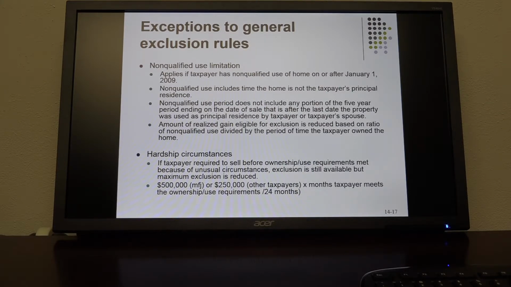You buy a home in Portland, and a year into the ownership and use test, let's say you're laid off and you have to get another job, but unfortunately that job is in Chicago. And so you sell your home at some point within the 5-year period.